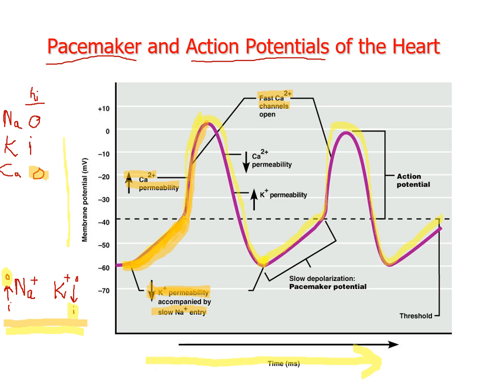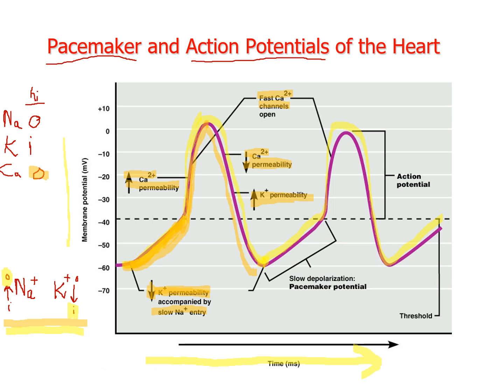And then calcium channels shut. So calcium permeability drops off. But potassium permeability rises. Potassium channels open. Remember, potassium is higher inside than outside. And so potassium will go out, and the inside of the cell becomes more negative. It repolarizes. It goes down towards a more negative.